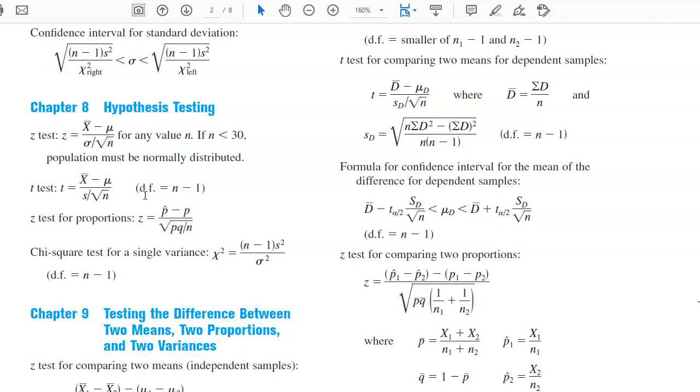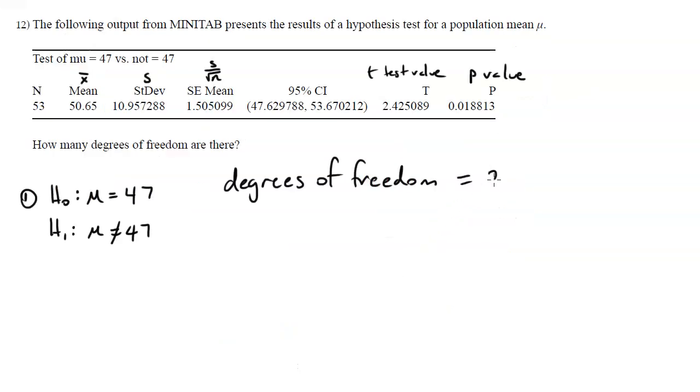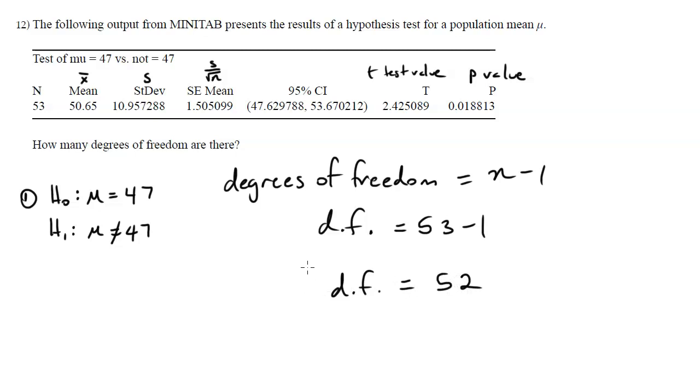Here's degrees of freedom, df: n minus 1. So the degrees of freedom is 53 minus 1, so we have 52 degrees of freedom here. And I got n from the Minitab output. So that's the 3 of them.